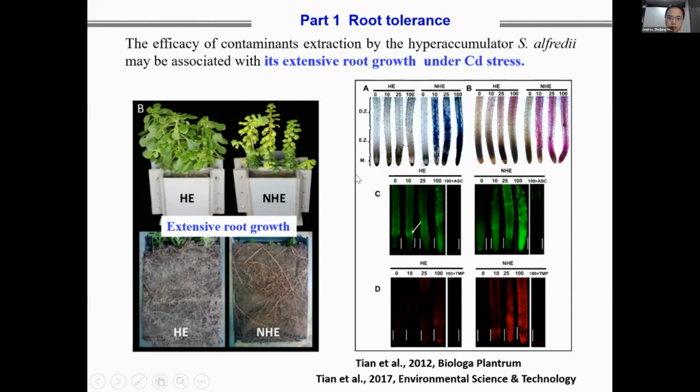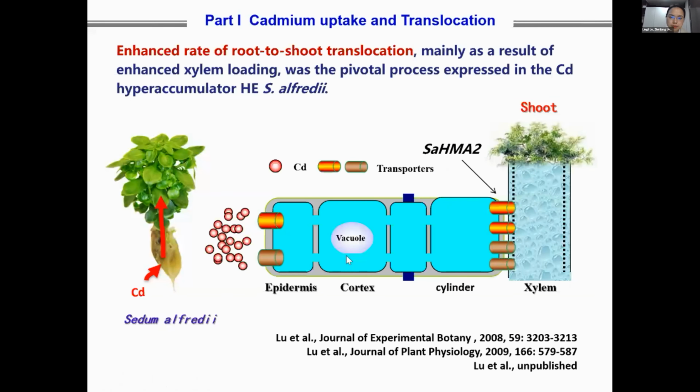This is because the HE type has very high SOD levels in their roots and also strong antioxidant systems. And also these plant species can take up and especially translocate a lot of cadmium to their shoots.